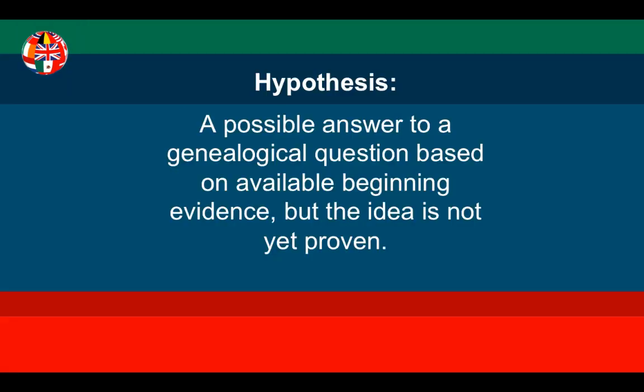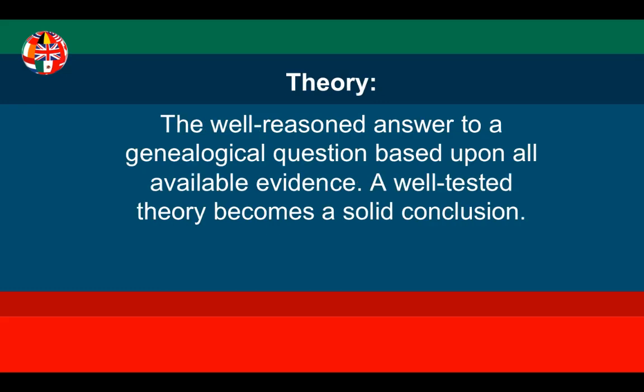Let's go over a few definitions to clarify ideas that will help in developing a conclusion. A hypothesis is a possible answer to a genealogical question based on available beginning evidence, but the idea is not yet proven. Next, a theory is a well-reasoned answer to a genealogical question based upon all available evidence.